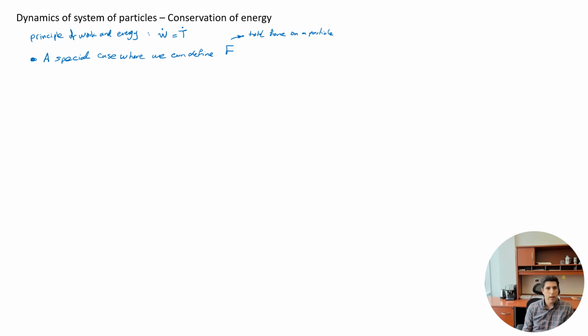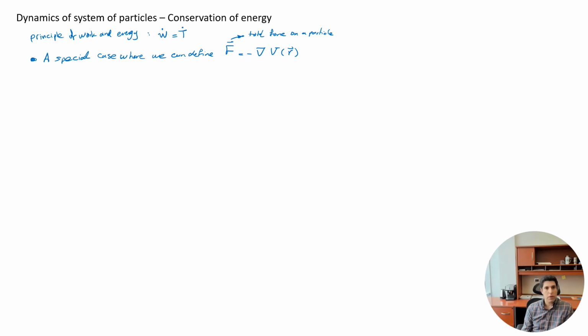We can write F as minus the gradient of a potential function that is only a function of position.